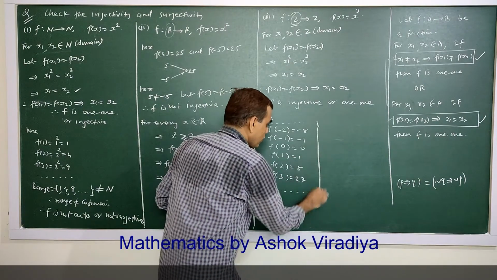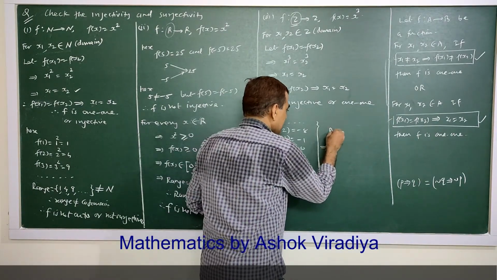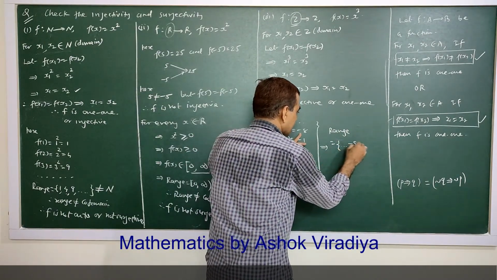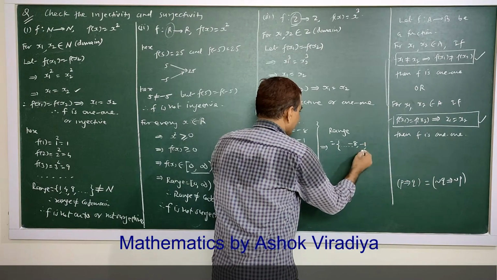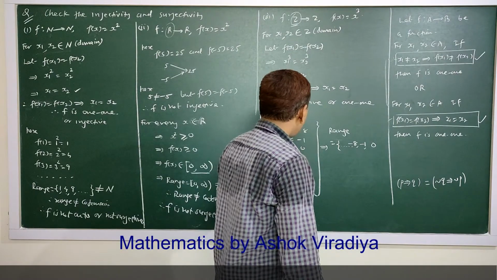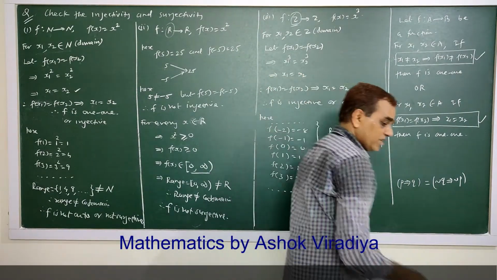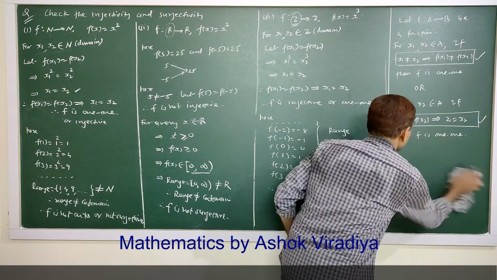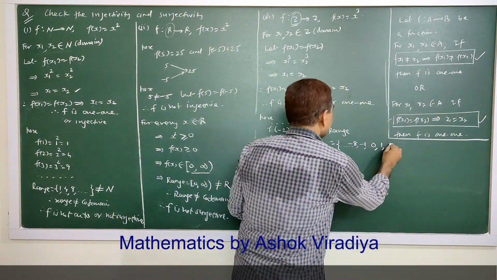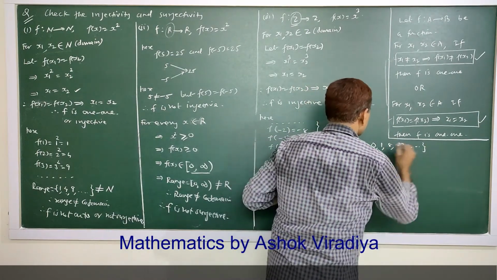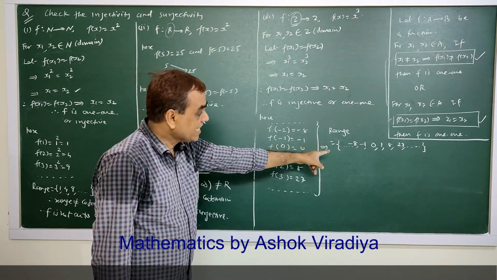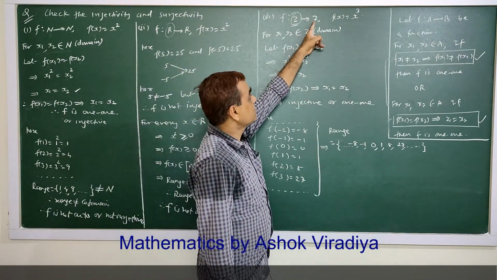So from this, we can say that the range is the set of all perfect cube numbers: -8, -1, 0, 1, 8, 27. This is the range. It does not include all integers.